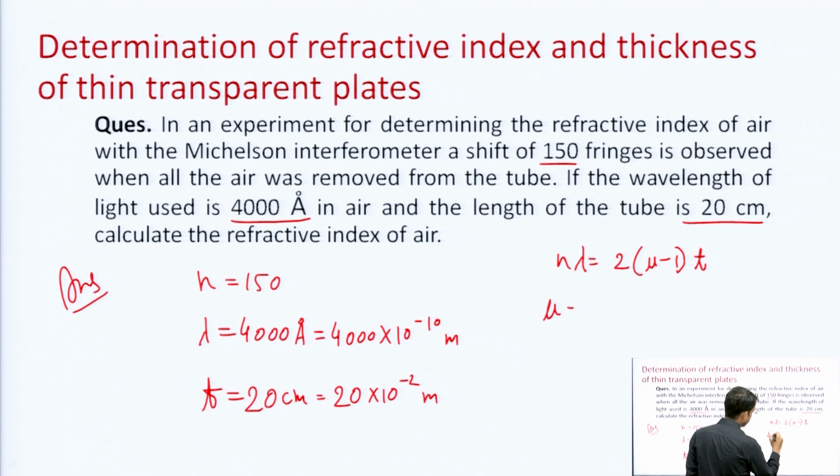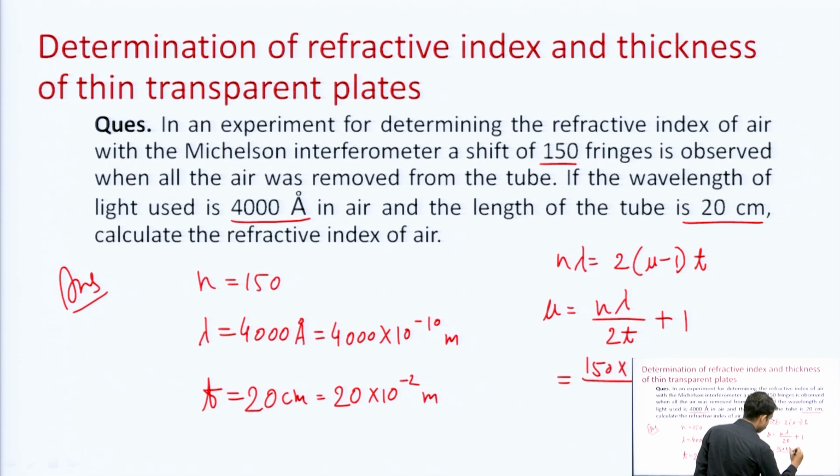So, mu is equal to, by rearranging, n lambda divided by 2 T plus 1. Okay. So, let us solve this. N is 150, lambda is equal to 4000 into 10 to the power minus 10, divided by 2, T is 20 into 10 to the power minus 2, plus 1.